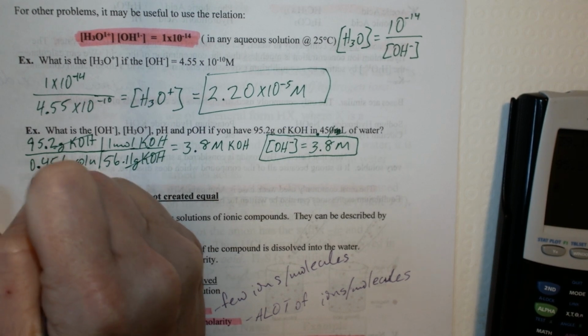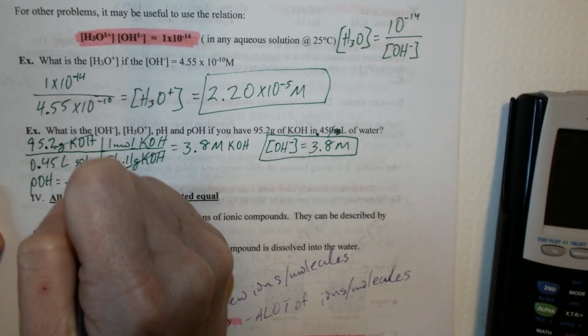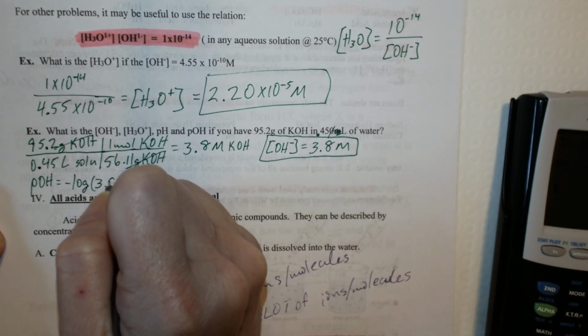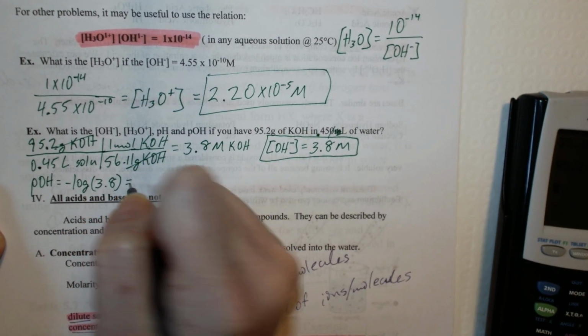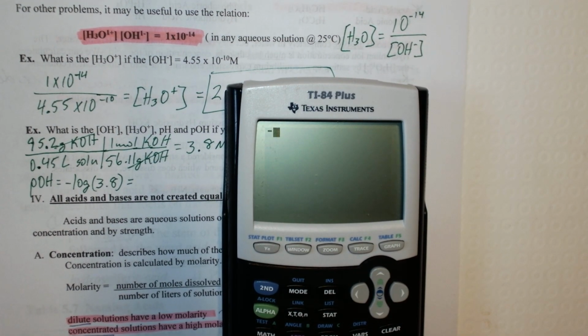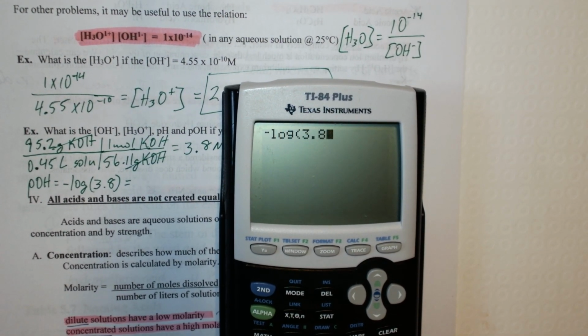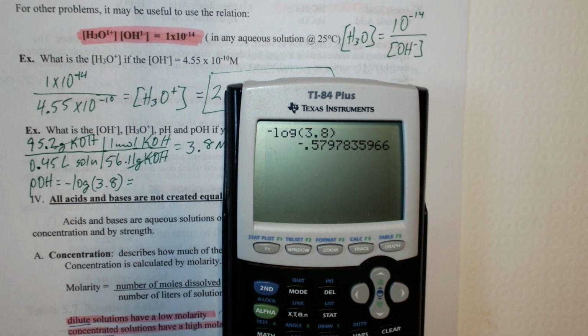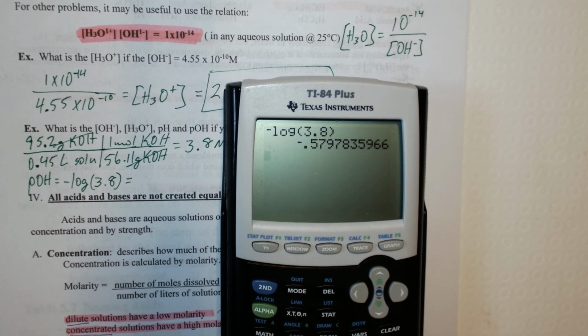So pOH is the negative log of the hydroxide ion concentration, which in this case is 3.8. So negative log 3.8. All right, and it's negative because that is a super strong base and a very high concentration.